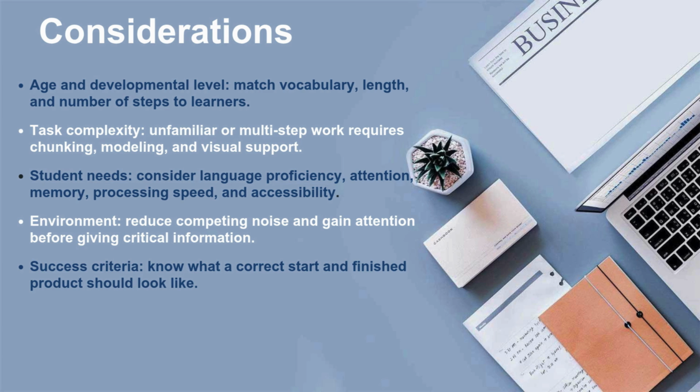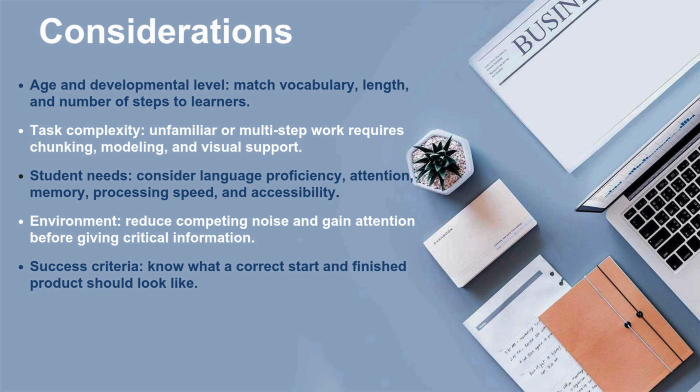Task complexity. Unfamiliar steps or multi-step work requires chunking and modeling, and also visual support. So you want to chunk it up, show exactly what it looks like, and then provide visual supports. You also want to consider students' needs: any language proficiencies, attention span, memory, processing speeds, and accessibility.